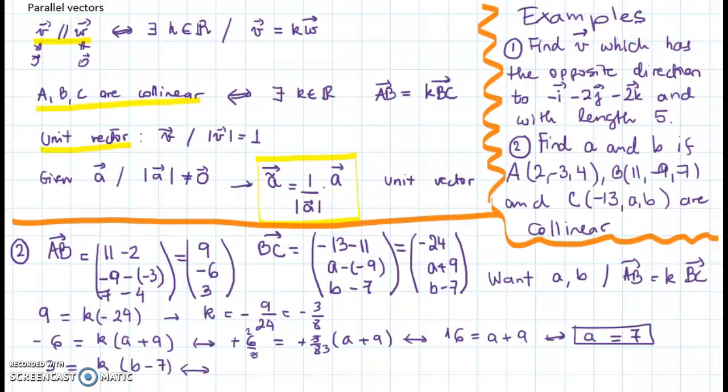Since we already found the value of k, this means that we want 3 to be the same as negative 3 over 8 times b minus 7. If we simplify the 3's, we want negative 8 to be the same as b minus 7. So for the value of b, we want negative 1. So we found a and b to make sure that the points A, B, and C are collinear.